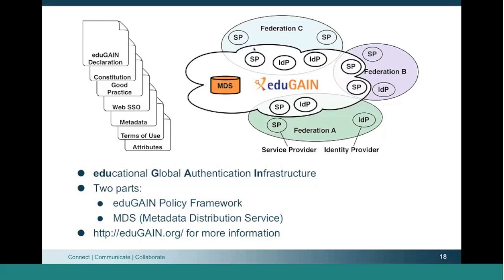And then each federation decides to contribute certain services or certain institutional identity providers into EduGAIN. And those that are within the set of EduGAIN can all communicate with each other. Those that are outside can't. And there may be good reasons for doing that. This is not just a negative thing.